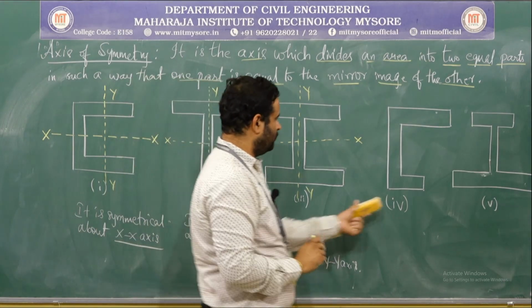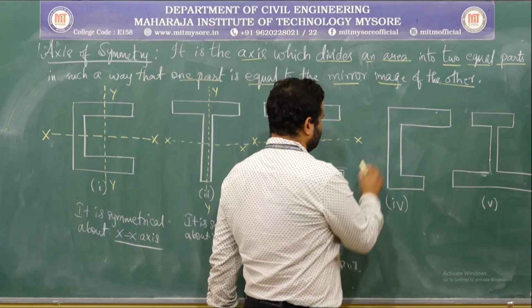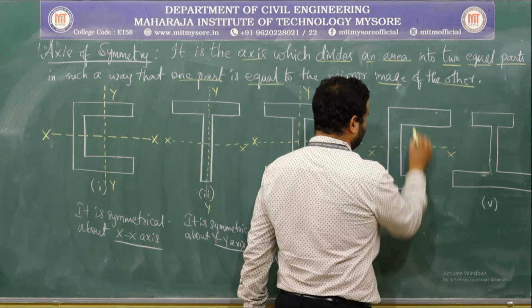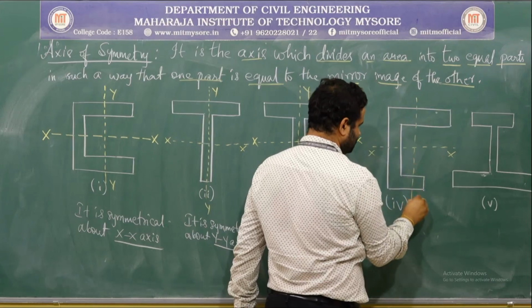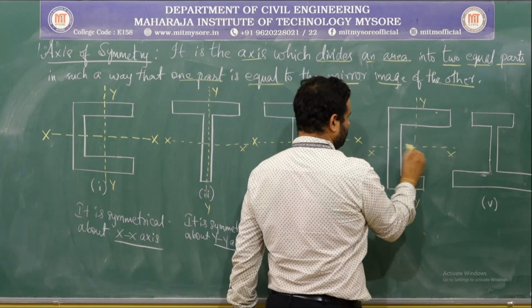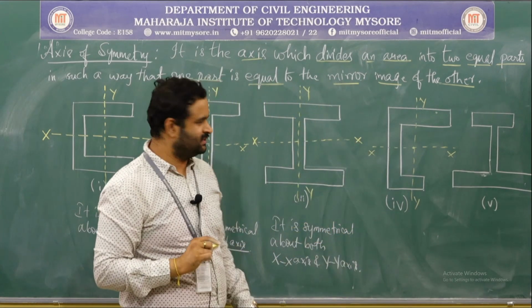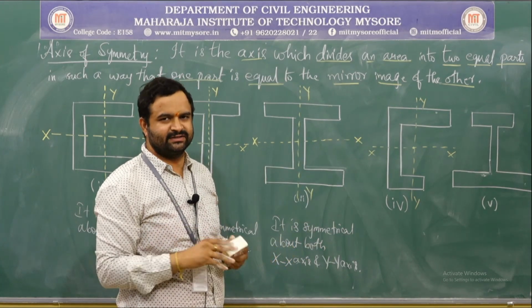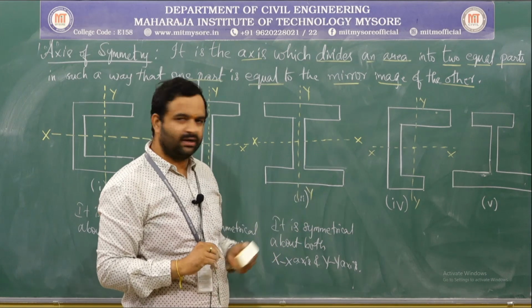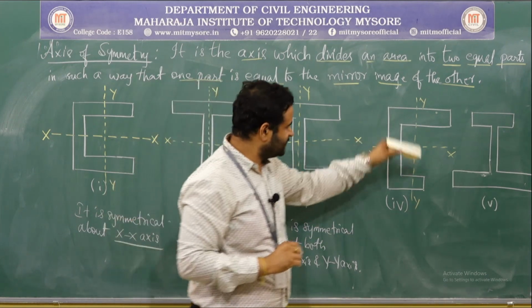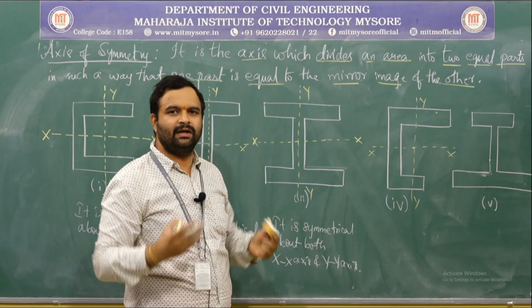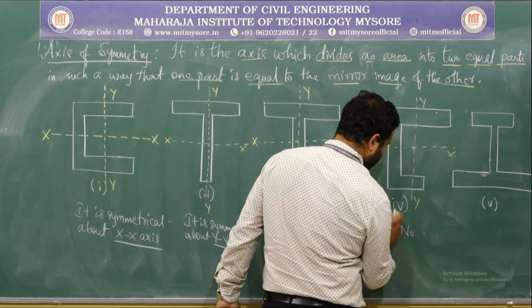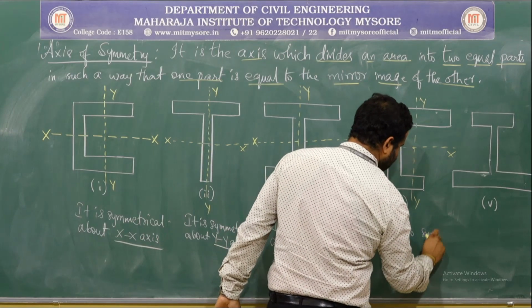Now, coming to figure 4. So, if you try to locate its centroid with the help of axis x and y, we can easily say that this figure has no symmetrical axis. Do you find any symmetrical axis even if you cut it along x or y? No, we are not getting any symmetrical axis. Therefore, what we can write? No symmetrical axis.